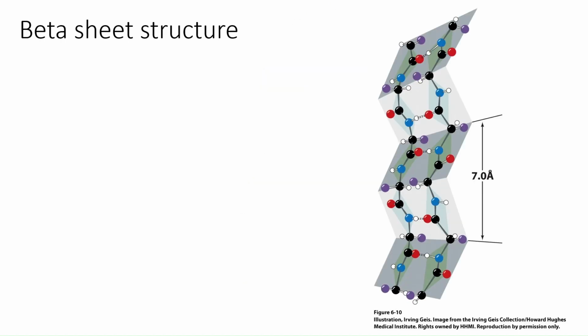And so that structure is a little bit different from a beta sheet. So let's talk about some of the properties of beta sheets. They're referred to as a beta sheet or a beta pleated sheet, and you can see from this picture on the right, it really does have these pleats in it that come from these very particular angles that are taken by the amino acid backbone.